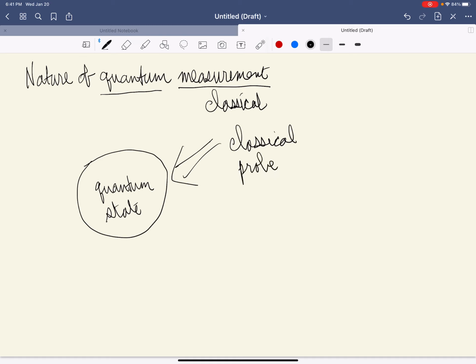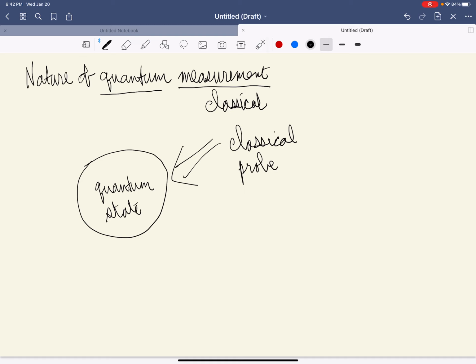We're using some sort of classical probe to decide just exactly what this quantum state is. Okay, so in a classical system, or in the case of a classical computer, that's a pretty straightforward process.